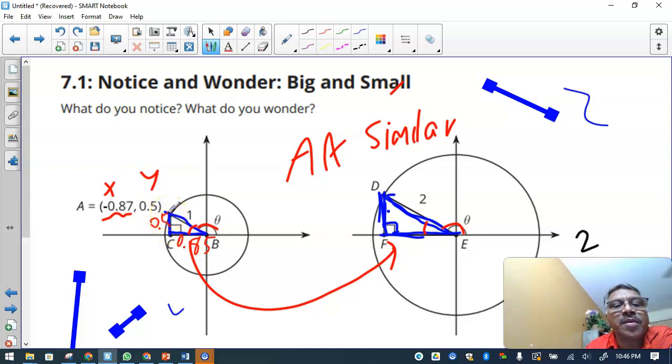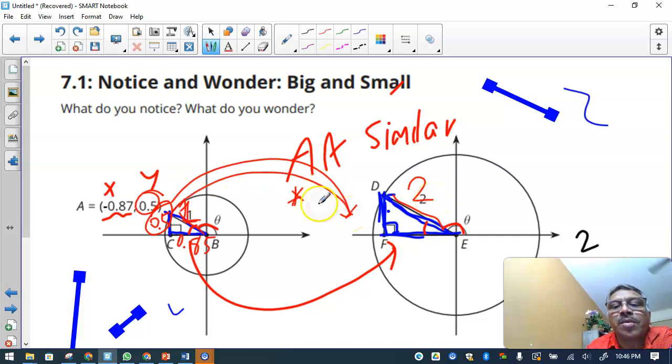Because they are proportional and this one becomes 2 here, the 0.5, which is the height, will be multiplied by 2. We see the scale factor from 1 to 2 is 2. So this becomes 2 times 0.5, so 0.5 will be 1. And the other one, this 0.85, that is 0.87.